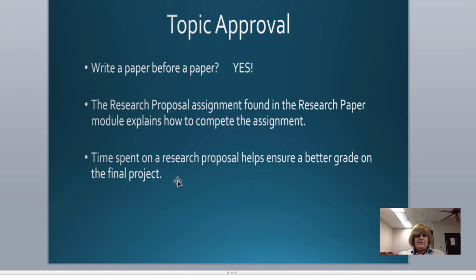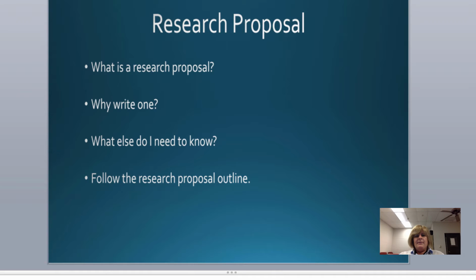And the final point here on the slide, time spent on a research proposal helps ensure a better grade on the final project. We'll come back to that thought in just a minute, and that answers the second point here, why write one?